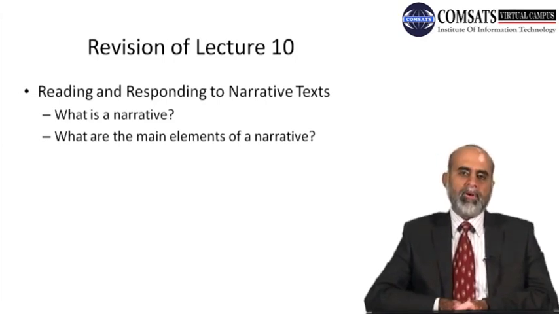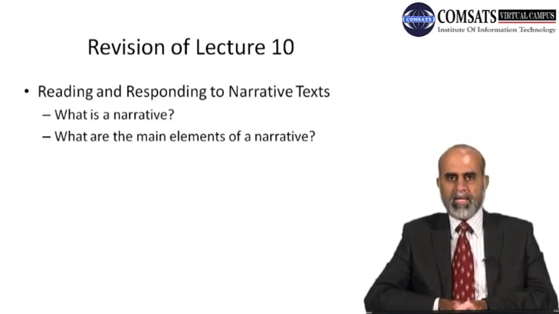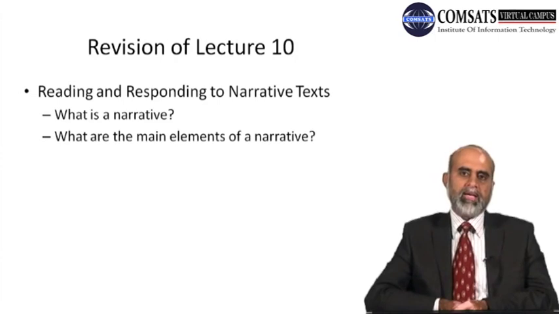For example, a plot must have a problem in it or a conflict, and then there is a solution. This conflict gradually leads to a climax, and finally it is resolved. The conflict is resolved either positively or negatively. If it has a happy ending, then it is called a comedy, otherwise it is called a tragedy.